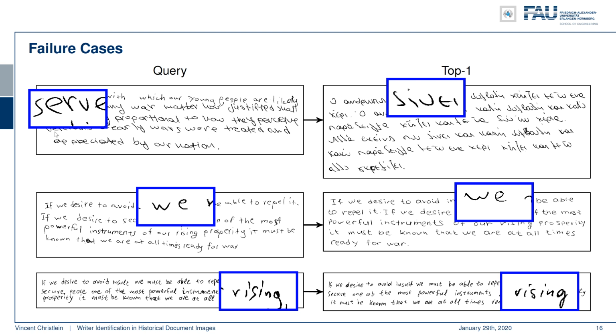But of course, the left writer does not have a very clean hand versus the right sample. If I would also introduce patches from a larger scale, probably this example would have been detected correctly.